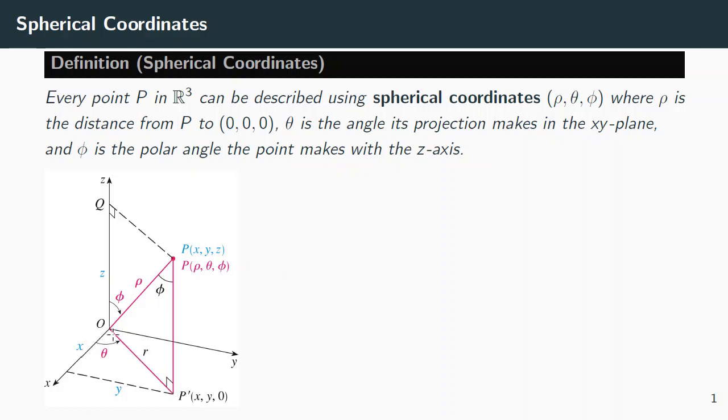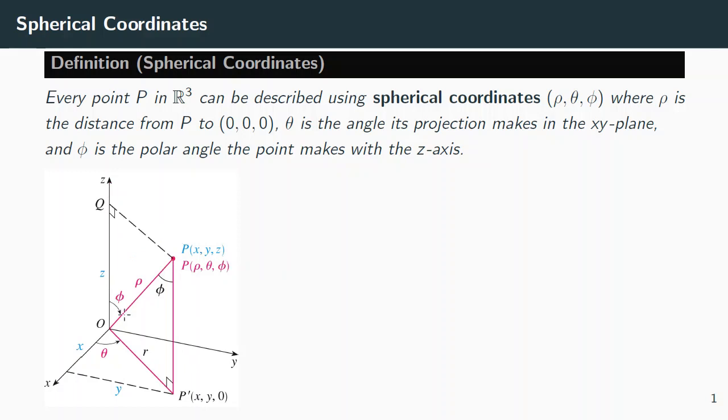Well, rho comes out from the origin. So it is actually the distance from the origin to the point. That's what rho is. If you can imagine concentric spheres around the origin, each of those spheres has a particular radius. That's the rho. The theta is the same as in polar coordinates. The phi here is the angle as measured down from the z-axis.